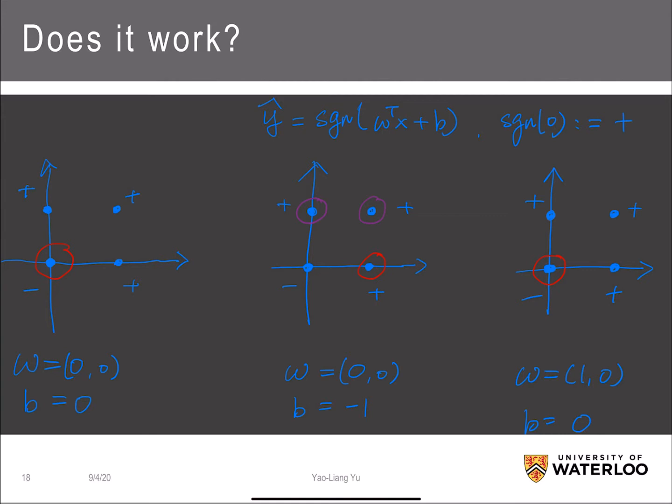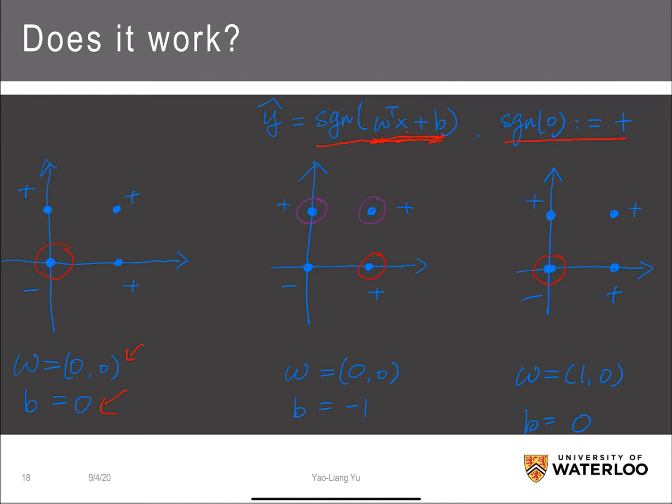So we set W to 0 and B to 0, and the prediction is that you take W and dot product with X, add the bias, and take the sign of this. This is your prediction of the label. When W is 0 and B is 0, it doesn't matter what X is, I always get 0 here, and by definition sign of 0 is positive. So I'm going to predict everything as positive.